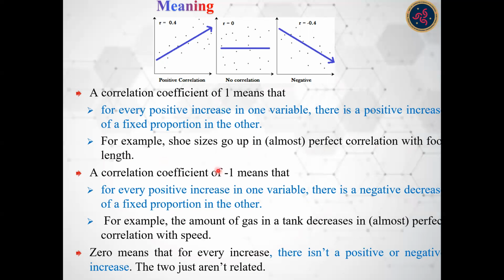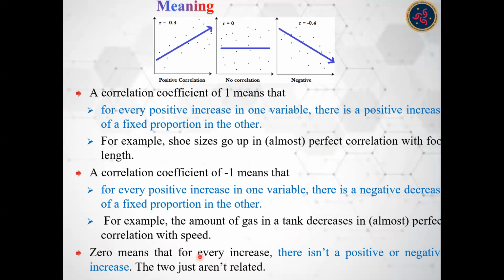Again, if the correlation is negative, that is a negative correlation. That is, if one is increasing, the other decreases, for example, the amount of gas in the tank decreases with the speed.